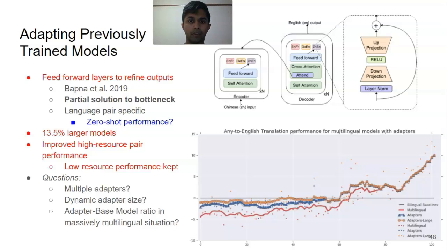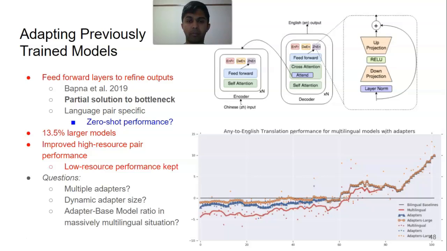So what happens is, during training, you freeze most of the model and only train the adapter layer for that particular language pair using some new parallel corpus or the previously existing parallel corpus. By doing so, Bapna et al. showed that you get 13.5% larger models, but the high resource pair translation quality is significantly improved.